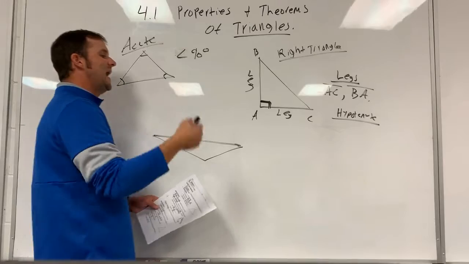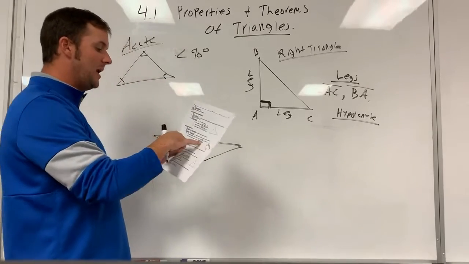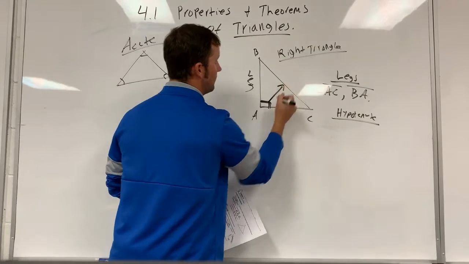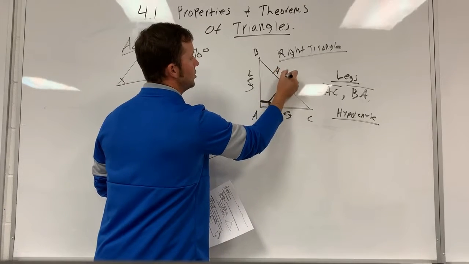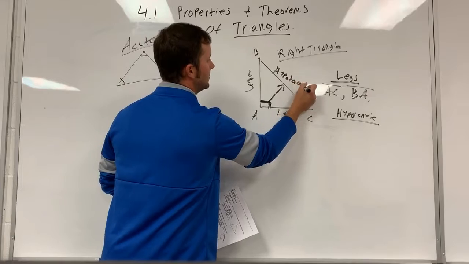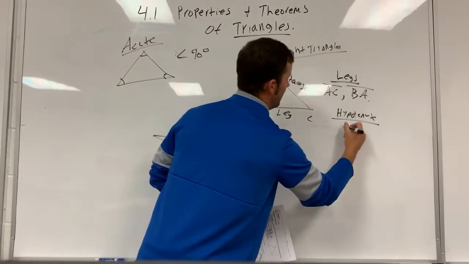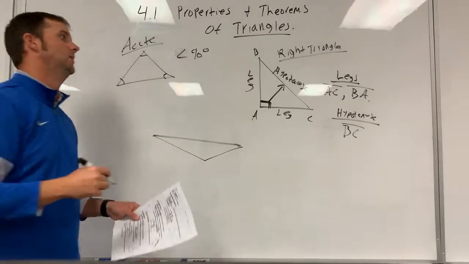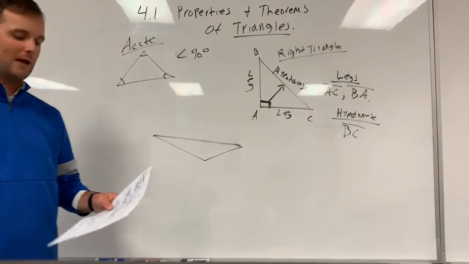And then the side that is opposite of the right angle, you need to remember this. The side opposite of the right angle is known as your hypotenuse. So your hypotenuse here is going to be known as BC. So that, ladies and gentlemen, is going to be your hypotenuse. And that, ladies and gentlemen, is a right triangle.